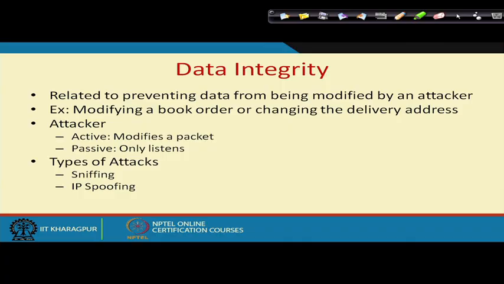Then he can take those small chunks of application data and combine them together to understand what kind of documents you might be sending. So, these types of attack under integrity can be of two types. One is sniffing, another is IP spoofing.